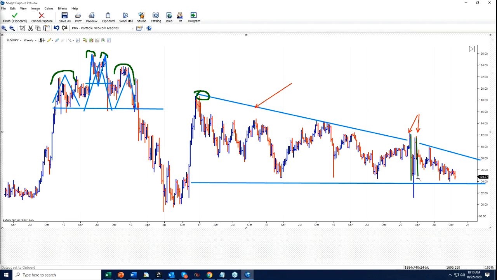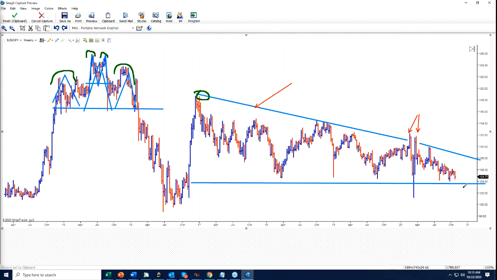We had these big weekly bars with this in between. And so you have this horn top or H top. And so you've got every single classic bear price pattern that you could find in any charting textbook, all in evidence on dollar yen. And to me, unambiguous that this thing is going to go lower.